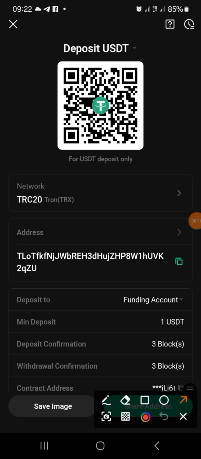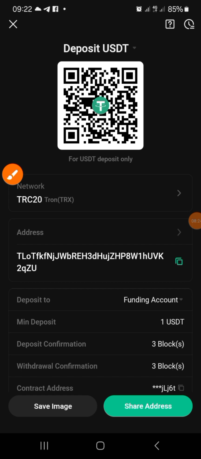You just click this copy button, and then you send it to the person, and the person will send you USDT to your account. So that's one way you can deposit USDT in order to trade what we want to trade now.